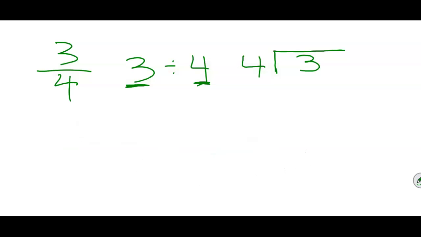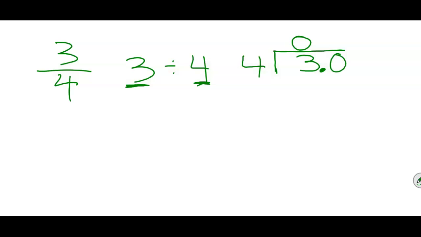We'll do some practice ones, but now let's actually go ahead and solve it. What do we know is going to be true about our answer? Chris already helped us a little bit. We know it's in between 0 and 1. So our first one, 4 goes into 3. 4 is not going to go into 3, so we put a 0. Okay, what are we going to do down here then? Will? Add a decimal point and a 0. Nice job. How many times does 4 now go into 30? Chris? 6 times.